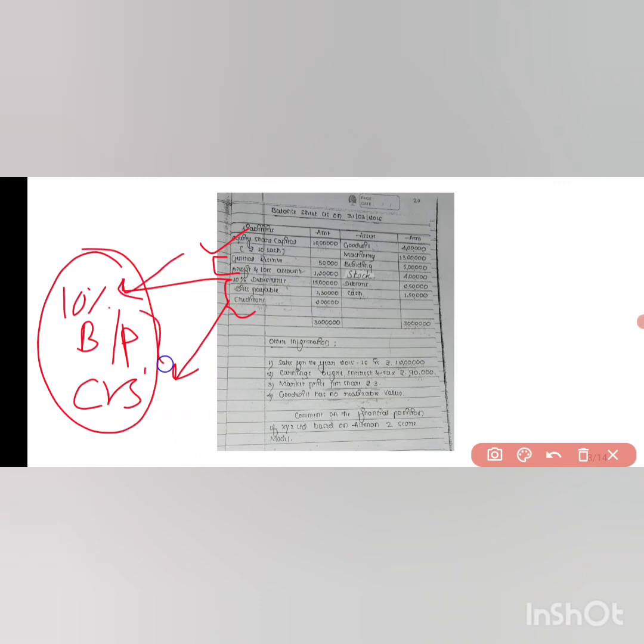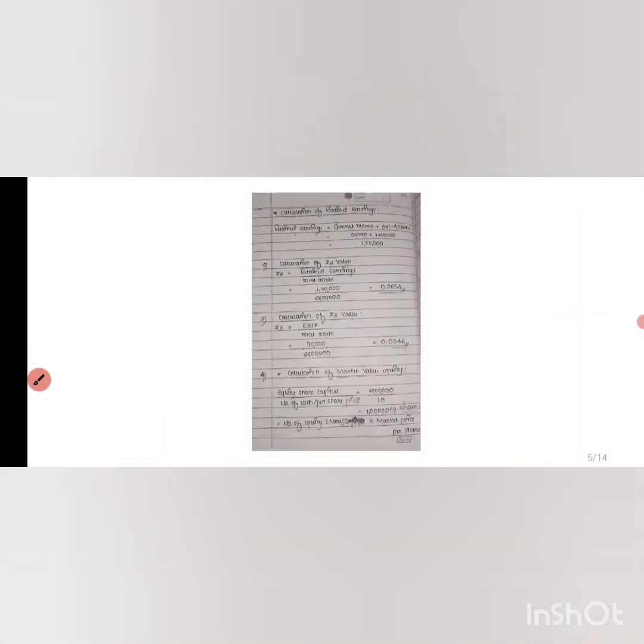Long-term debt plus short-term debt. These 2 are short-term debt and 1 is our long-term debt. So these 3 will be considered as the total debt. Okay, so 15 lakh plus 1 lakh 30 plus 2 lakh.